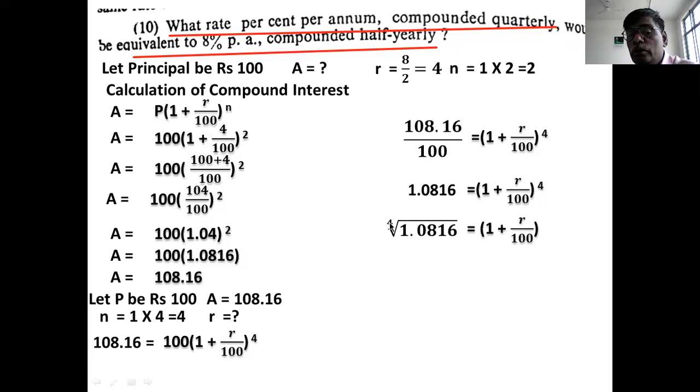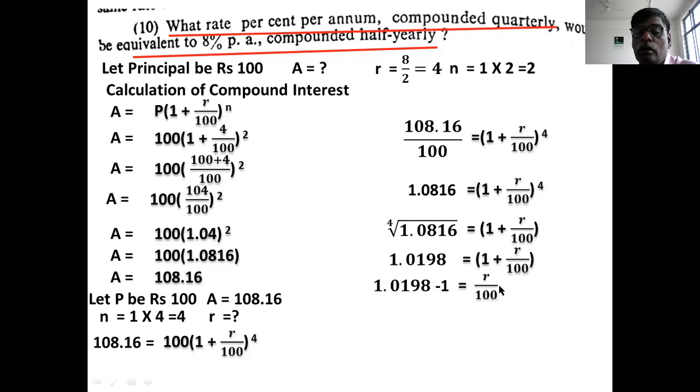If you take the value of this in your calculator, its value is 1.0198, equal to 1 plus R by 100. So the next step, you take number 1 from the left hand side. 1.0198 minus 1 is equal to R by 100.